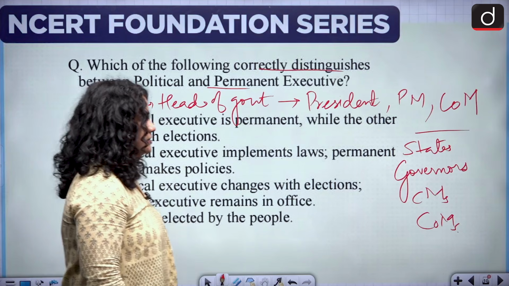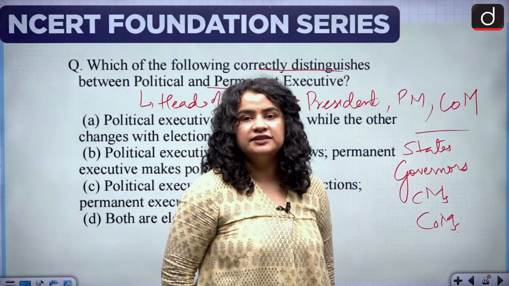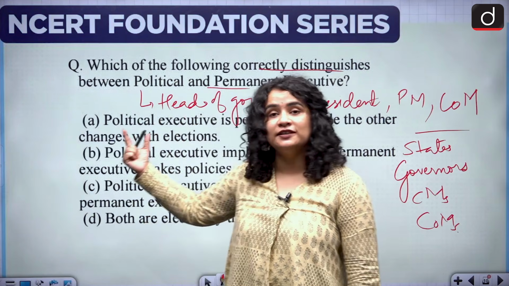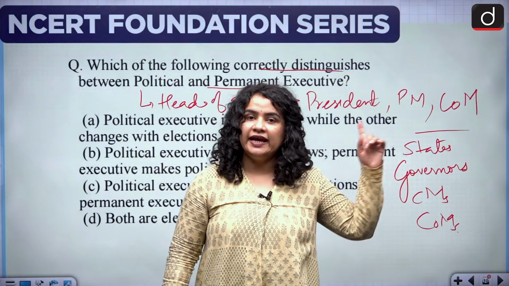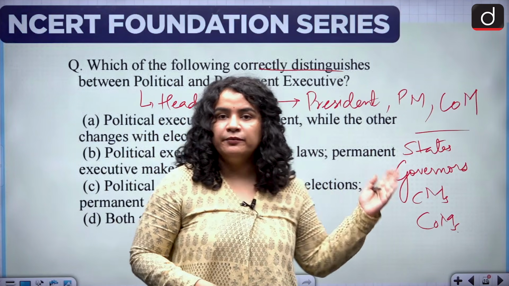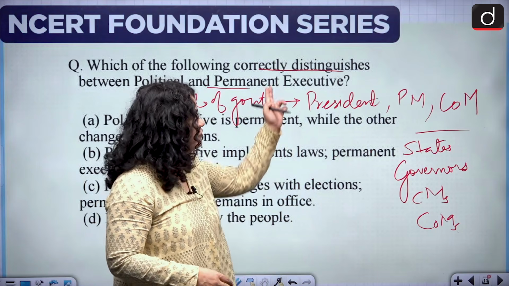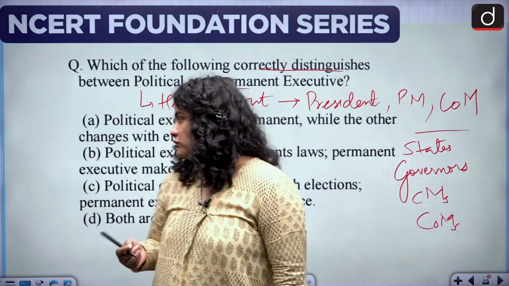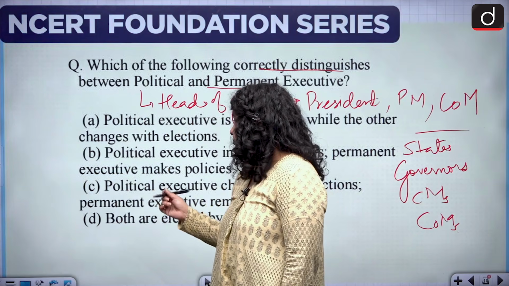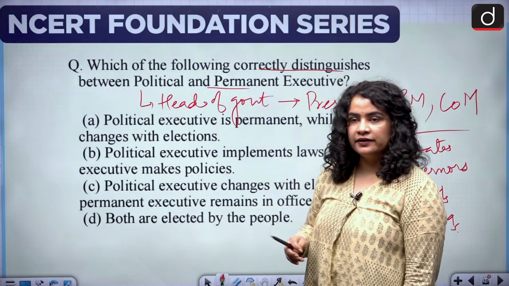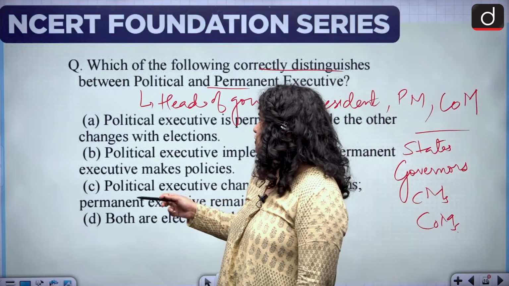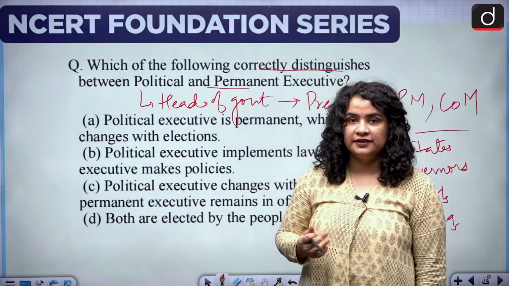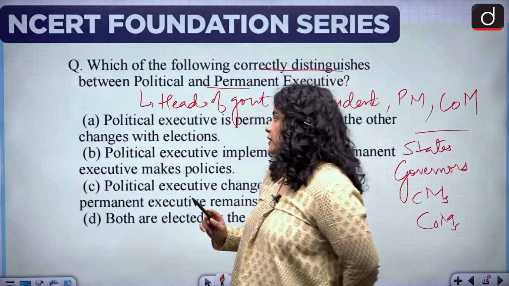Because the government changes, sometimes there's one political party, sometimes there's another, and hence the requirement of neutrality is very crucial from the permanent executive. You may have also read about it in your paper 4 ethics, where non-partisanship as well as political neutrality is expected from your permanent executives.